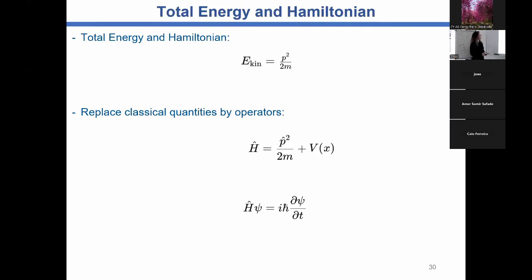And the total energy of the system will be related using the Hamiltonian of the system. For example, here the Hamiltonian for this example, where we have the kinetic energy of a particle using momentum, and the Hamiltonian will have kinetic energy plus potential energy.